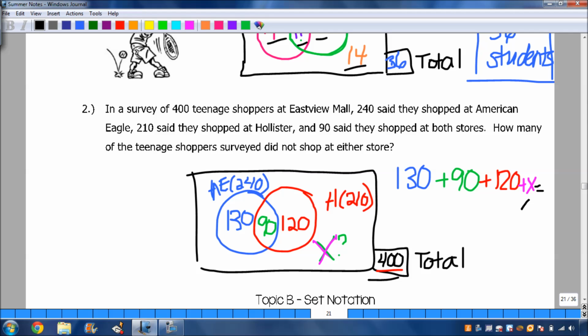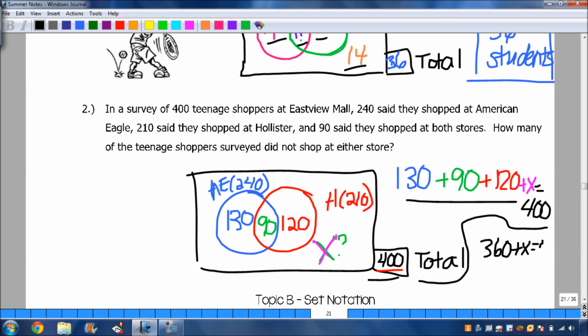So that's going to equal 400. Okay? And then all you need to do is combine your like terms. So this combines together to give me 360 plus X equals 400. So that means that X is 40. So the answer to this question is that 40 teenagers do not shop at either store.